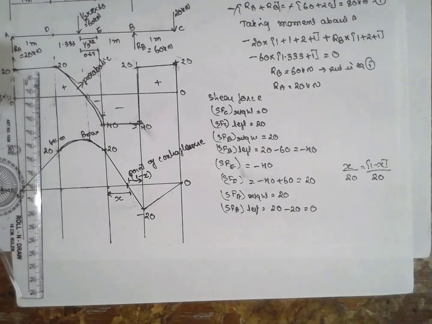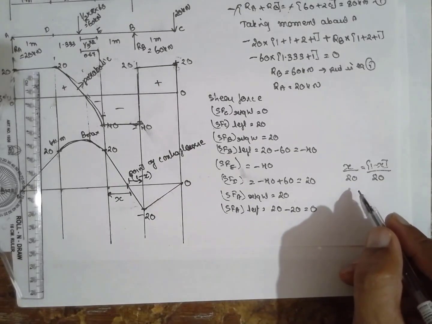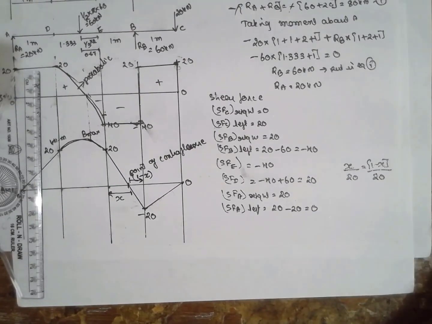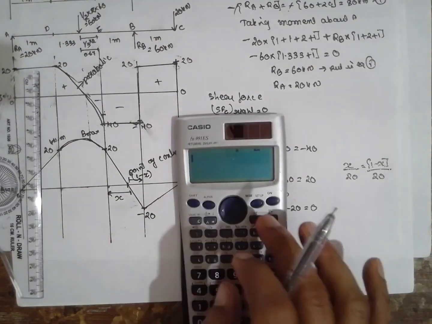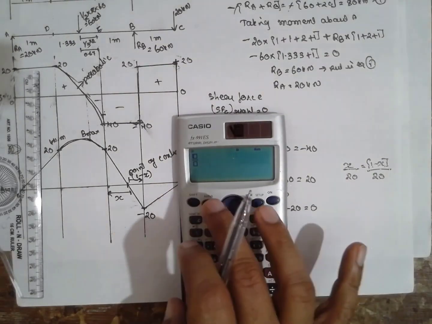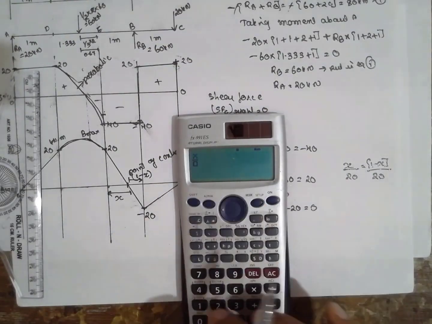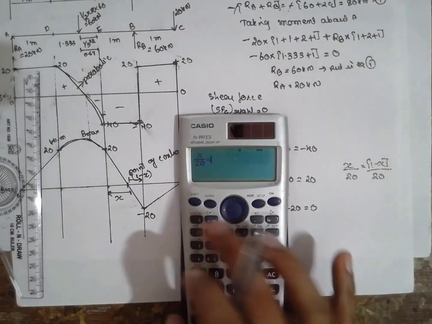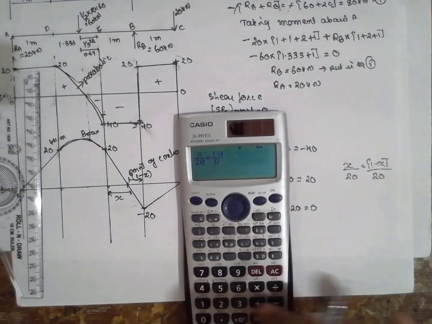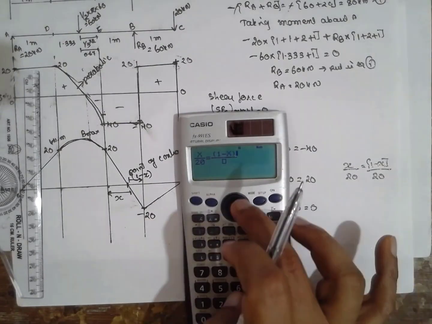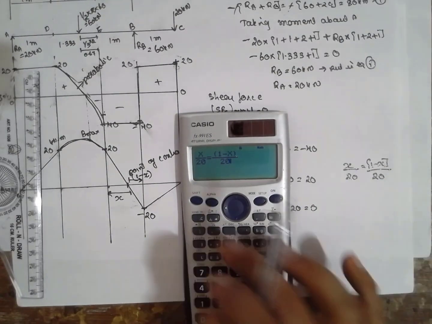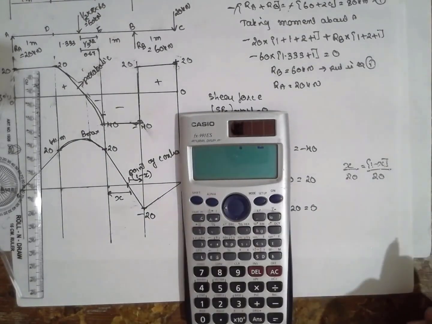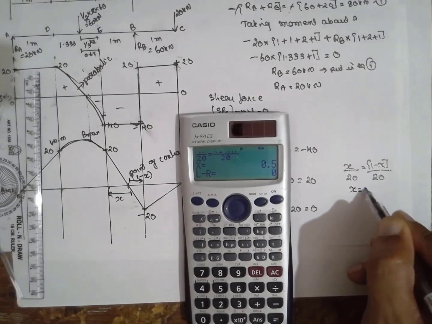With the calculator, X divided by 20, shift solve, equal to (1 minus X) divided by 20. Then shift solve, you will get X equal to 0.5.